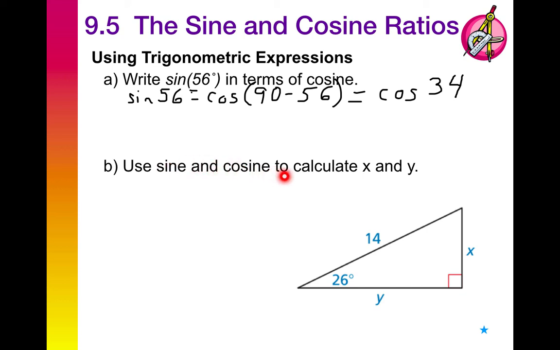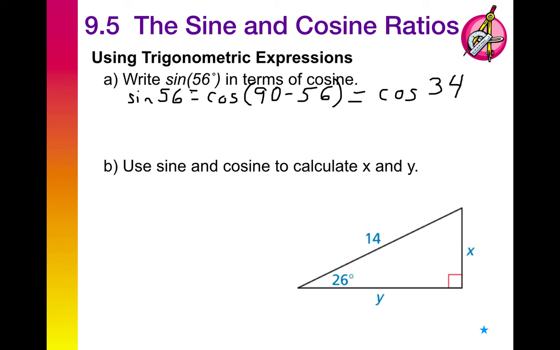Use sine and cosine to calculate the two sides, x and y. Here we have a right triangle, and the only two pieces of information that we have inside is this angle and the hypotenuse. If I want to find out what x is, x is the opposite of 26.